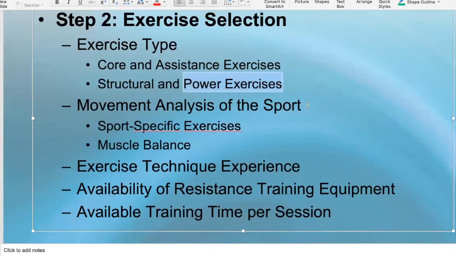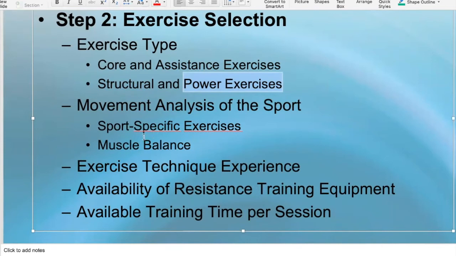So somebody who needs to work on rebounding is going to be very different than somebody who needs to be working on, say, pivoting. Somebody who's working on dribbling is going to have very different strengths than somebody who's going to be working on an iron cross.